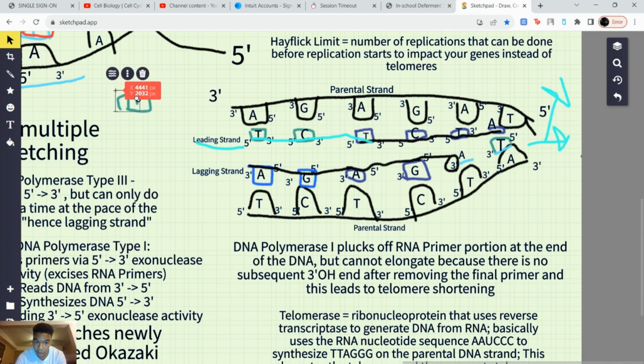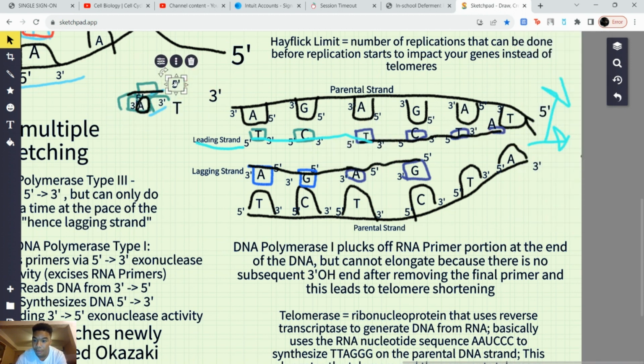When DNA polymerase 1 plucks off this RNA primer, it got rid of the RNA primer and everything involved with it.